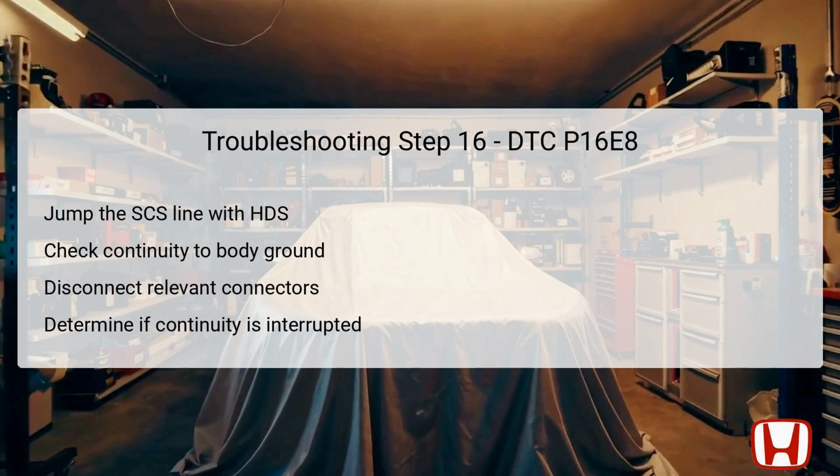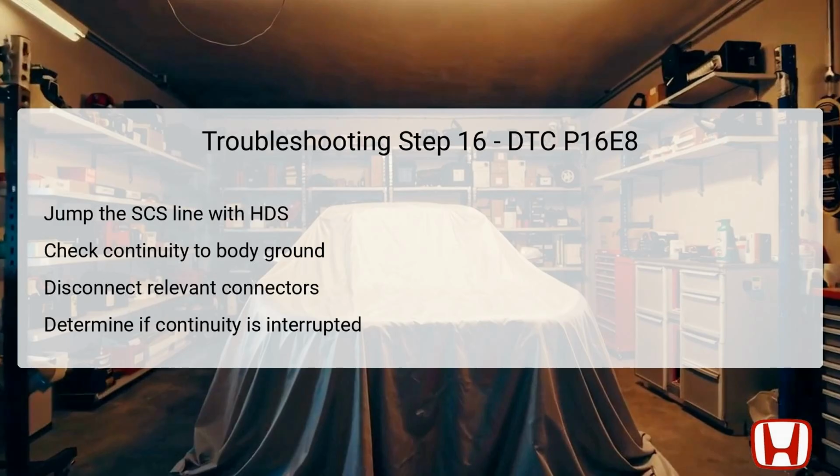The critical aim here is to observe whether continuity is maintained after every disconnection. If a specific connector's disengagement results in a loss of continuity, it pinpoints the fault source for swift replacement of the malfunctioning part.